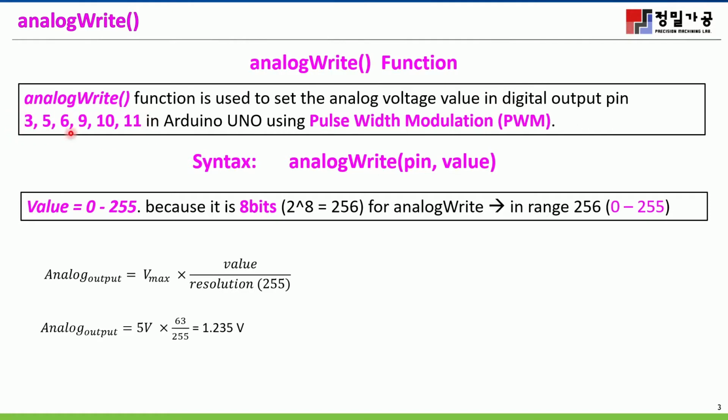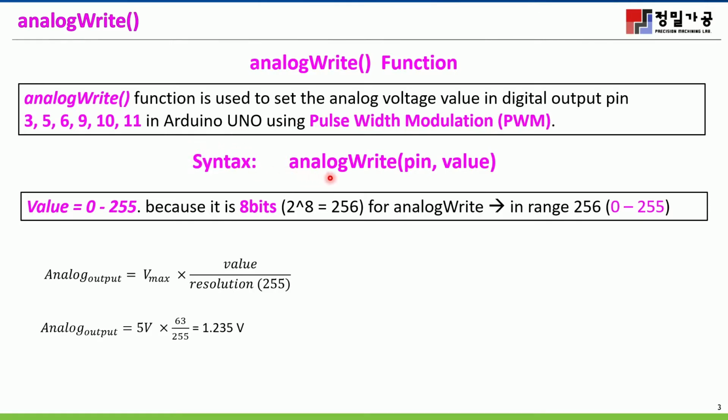Only pins 3, 5, 6, 9, 10, and 11, the timer pins, can generate pulse width modulation in Arduino Uno.